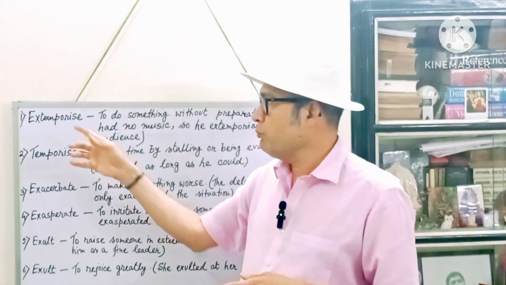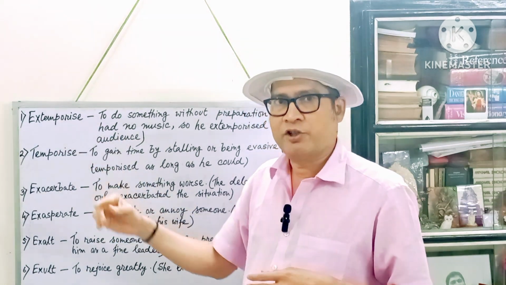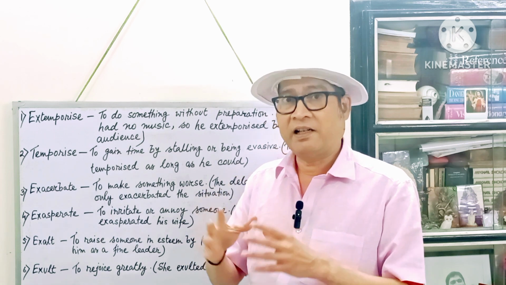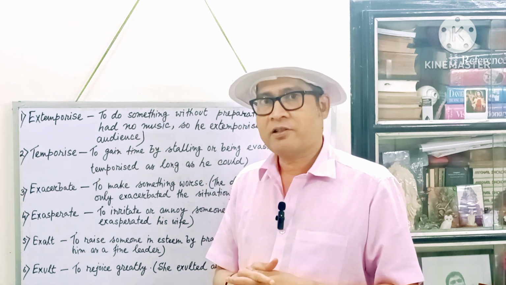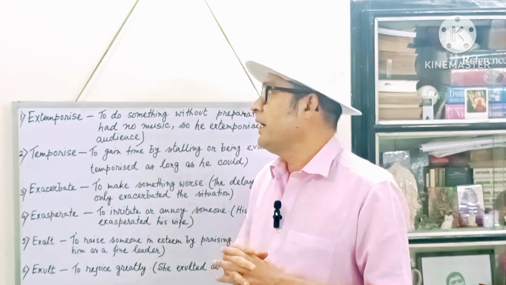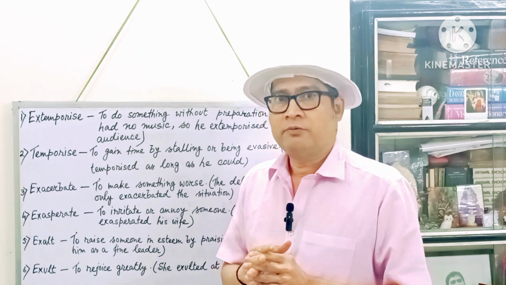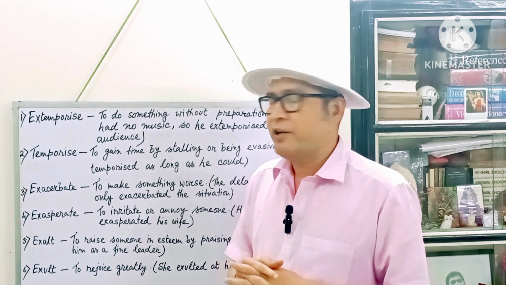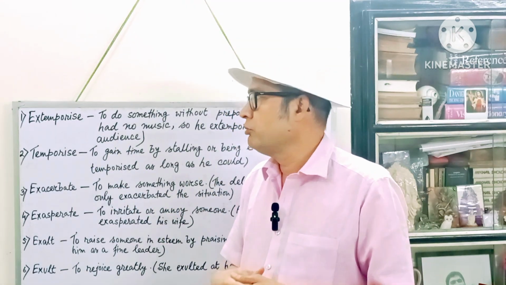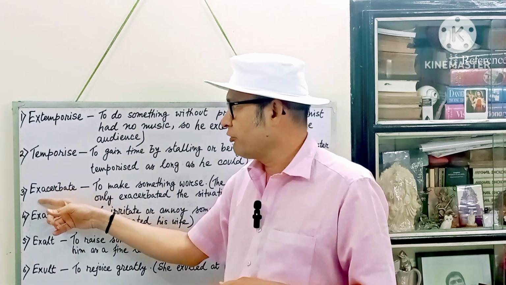In English generally the final E is not pronounced, and the spelling doesn't say that clearly. But here, as it is not an English word, it has come into English from some other language, and for that reason only, the final E is also pronounced: extempore. It is extemporized.